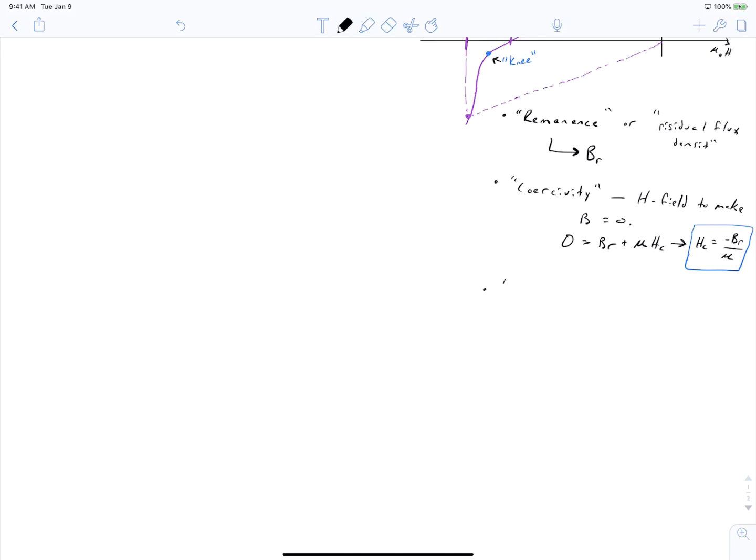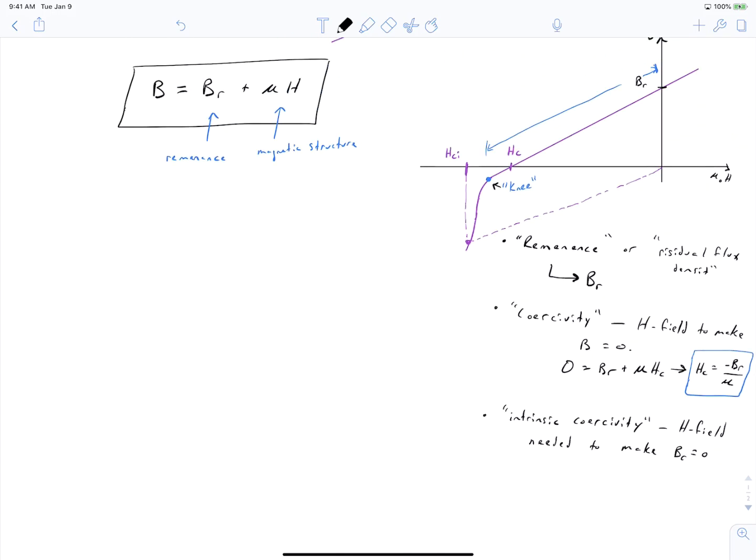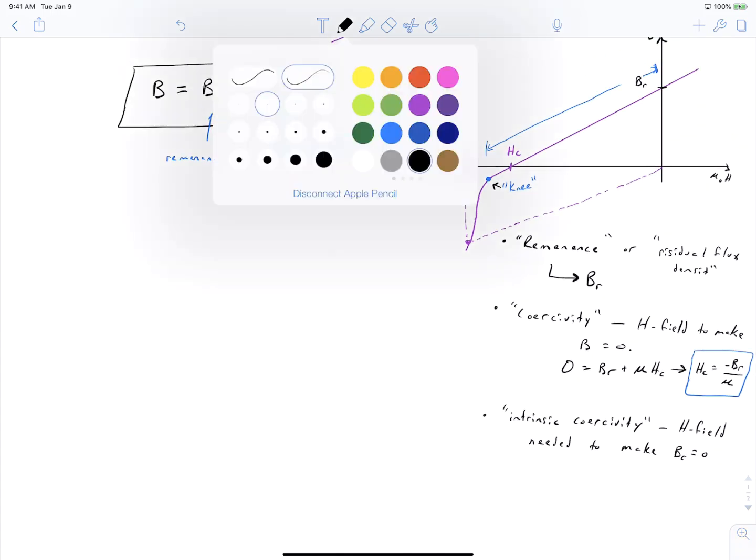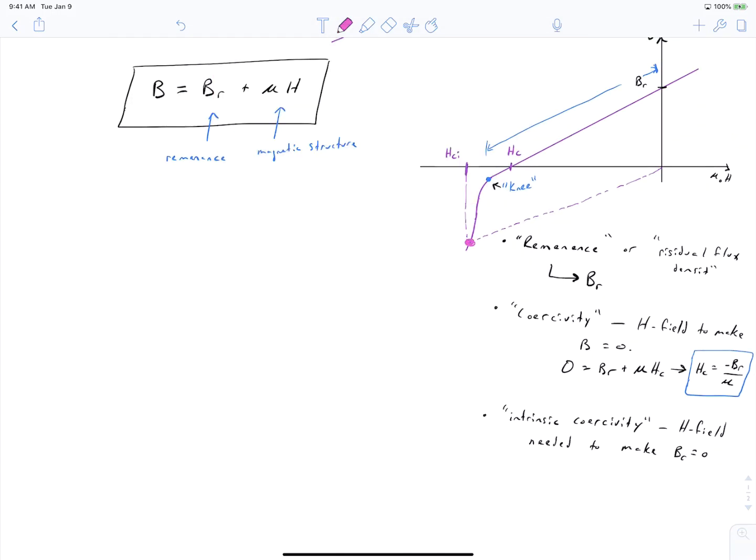And our intrinsic coercivity, we said, is the H field that is needed to make our remnants equal to 0. It's the H field that when we push it down to this purple point, we end up, when we recoil along our trajectory, with no remnants. We see that we cross when H is equal to 0, and all of a sudden B is equal to 0 as well.